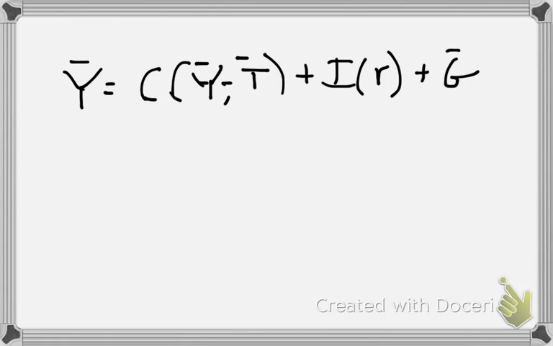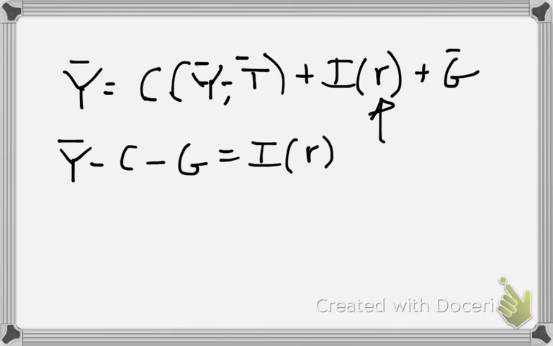So this is our model. As I said, it's one equation, one endogenous variable, which is the interest rate. If we rearrange the equation, we get Y bar minus C minus G equals I(r), and we can interpret this as savings. And we saw in class how we could break that down into private savings and government savings.